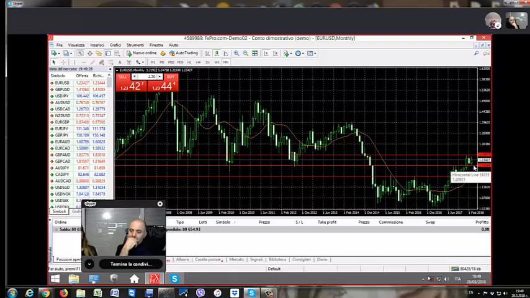The neutral price is the bottom of the week on monthly, is the bottom on weekly. And this is the sign that every time frame is linked.